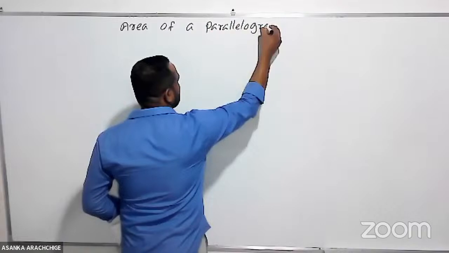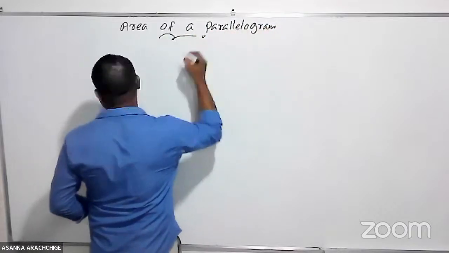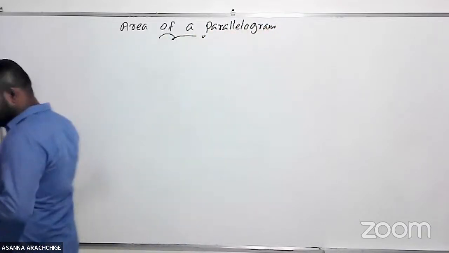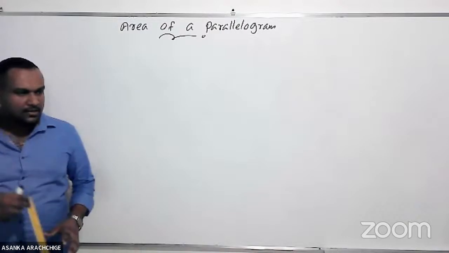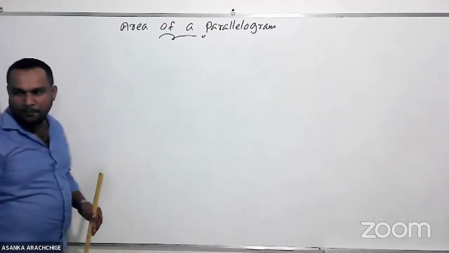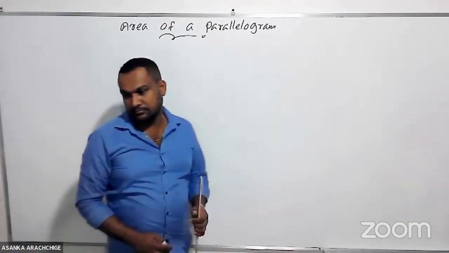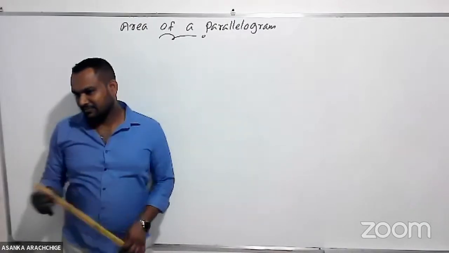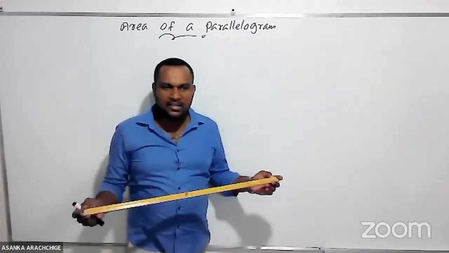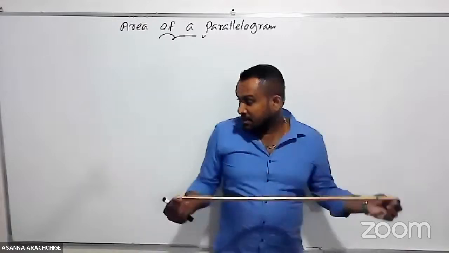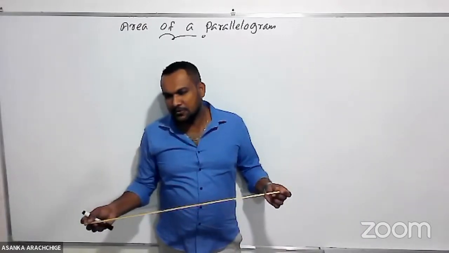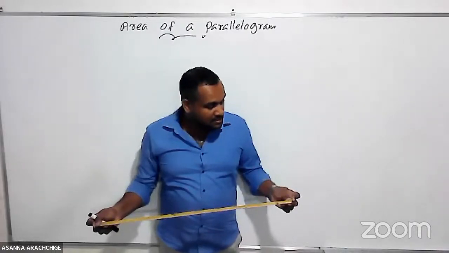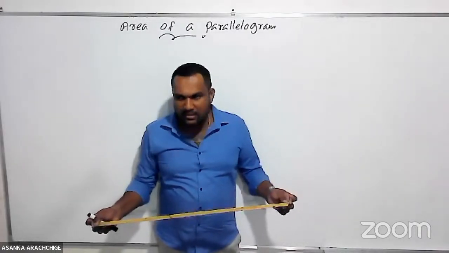Okay, what is a parallelogram? How many sides are there in the parallelogram? Four. A parallelogram is a quadrilateral.